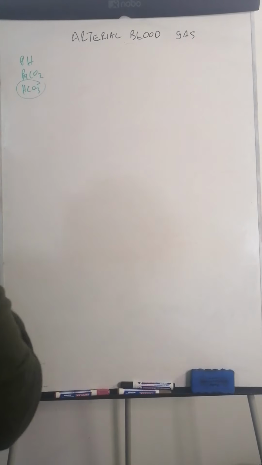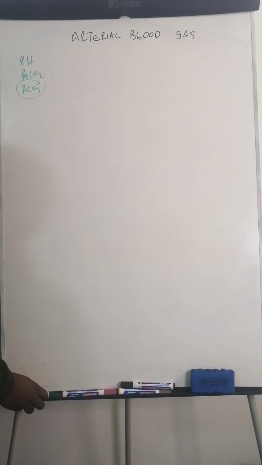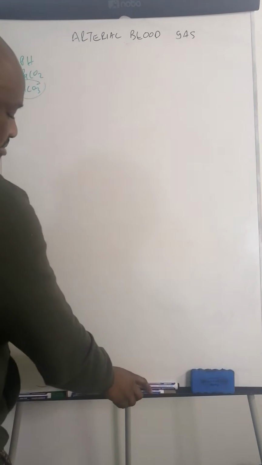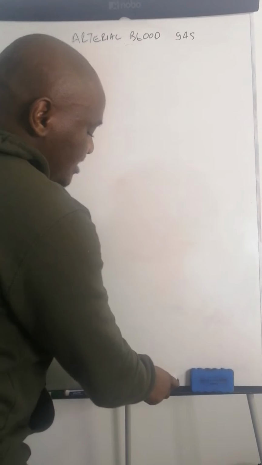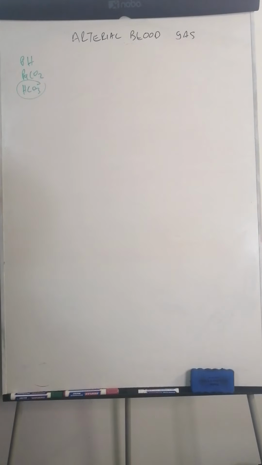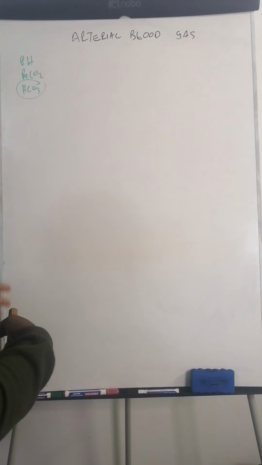I haven't said a lot about bicarbonate simply because I wanted to make this as simple as possible. So now that we know about the pH and the partial pressure of CO2, let's talk about the bicarbonate.